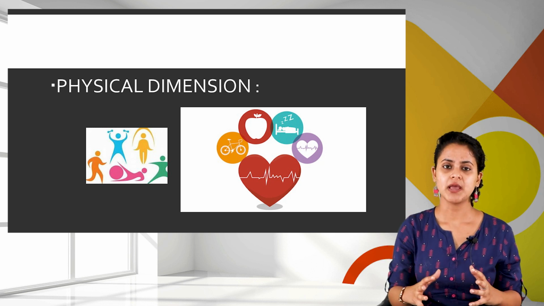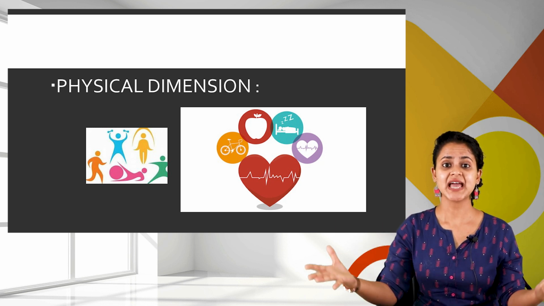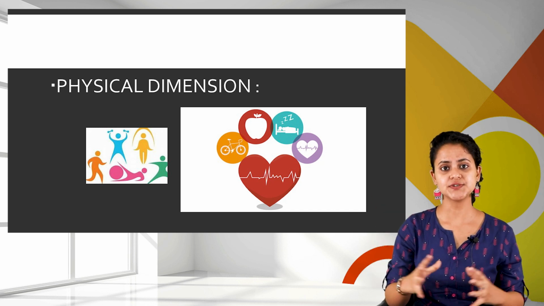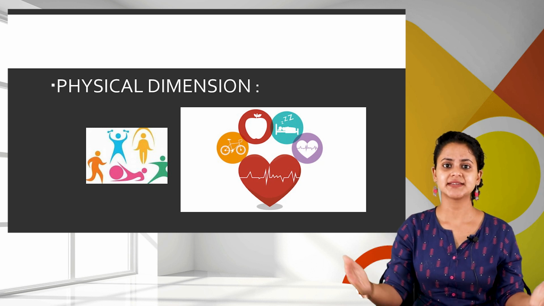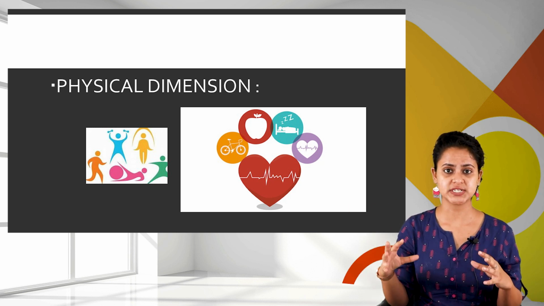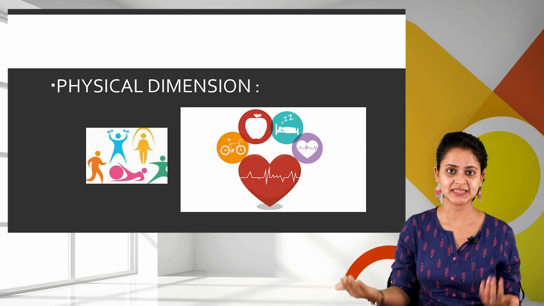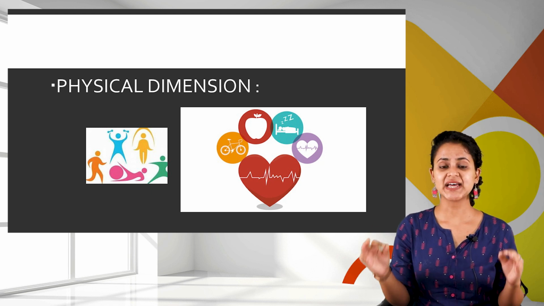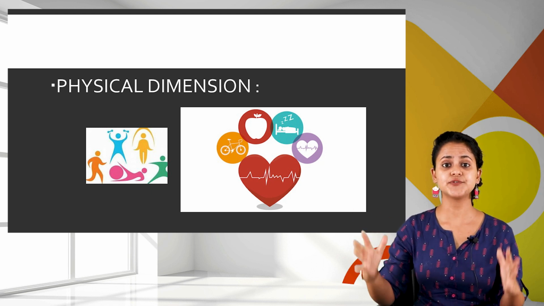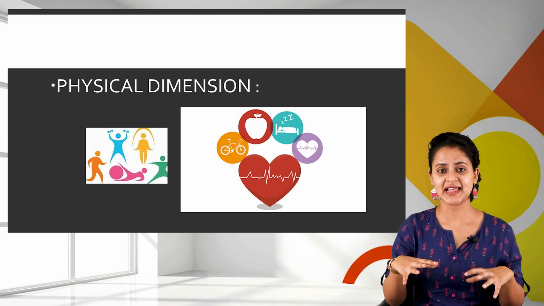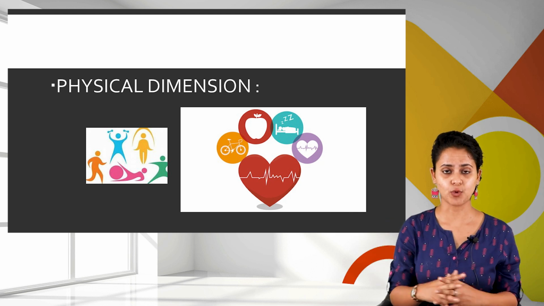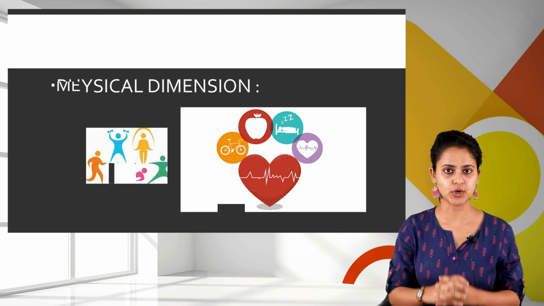So that's how the physical dimension helps us assess the status of health for a particular individual and their community. The physical dimension focuses on the presence of disease and the functioning of the cells and each organ in harmony with every other organ of the body.